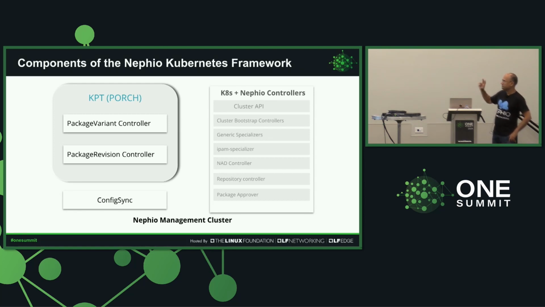And you have a bunch of controllers like IPAM or whatever that can populate that intent into a technical intent, and then config sync takes it into the edge cluster. So that's really how the pipeline is built, and the pipeline converts the business intent to a technical intent. And that's kind of the Nephio approach.